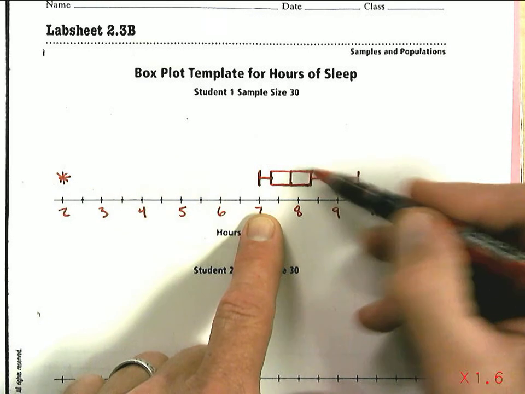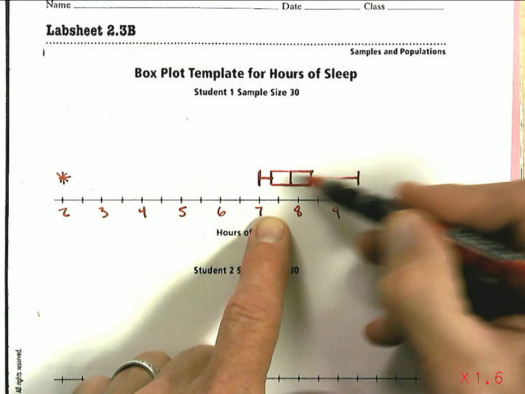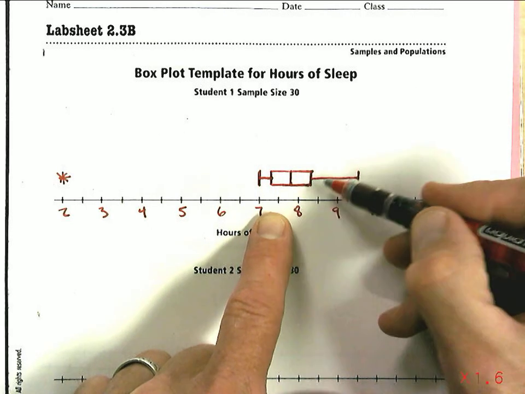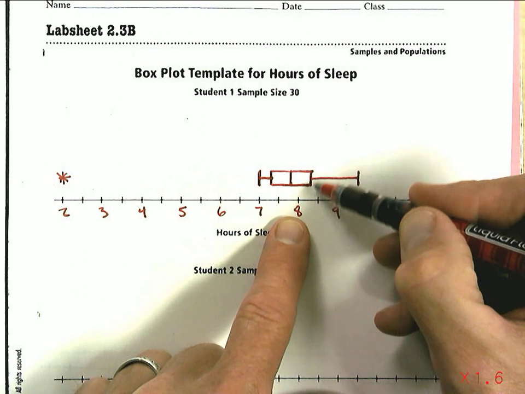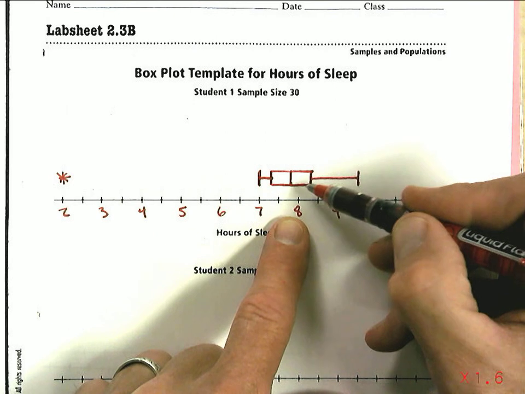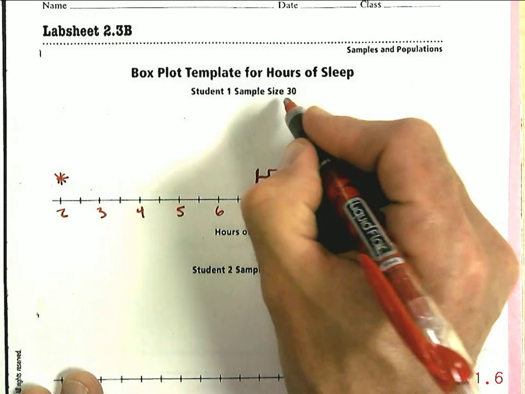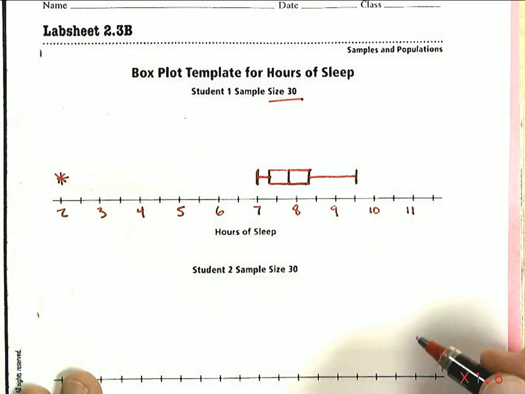But this middle part, between 7.3 and 8.3, that's pretty normal. That's average. That's what the box tells us. And so that was for my sample size of 30 people.